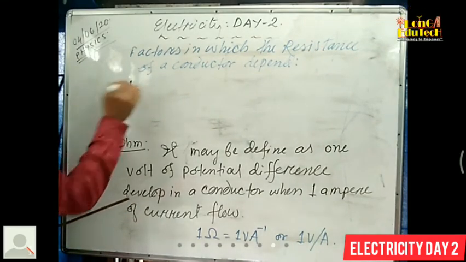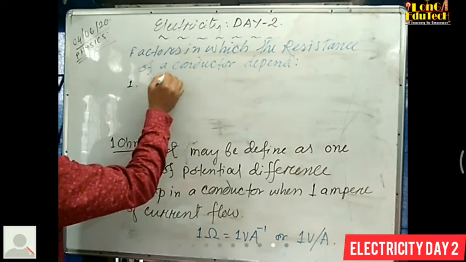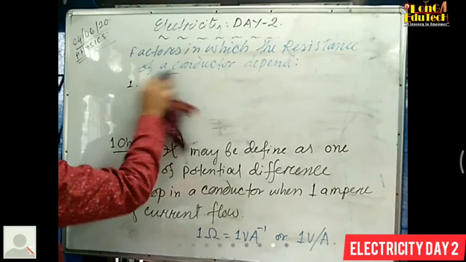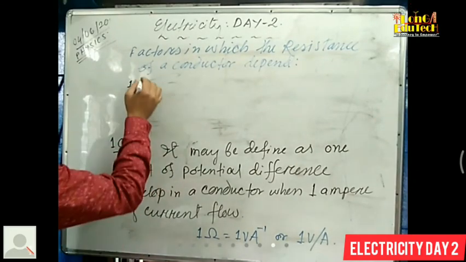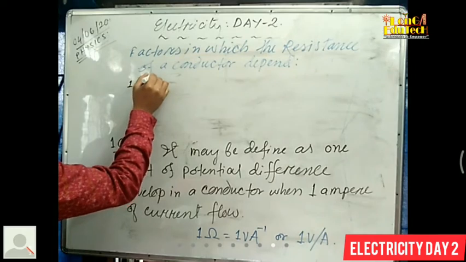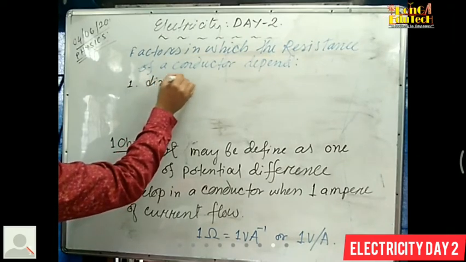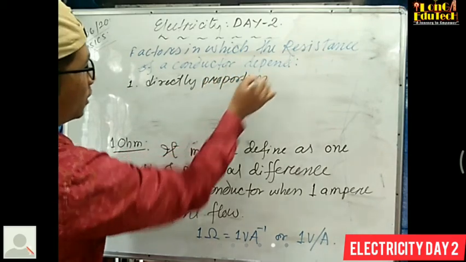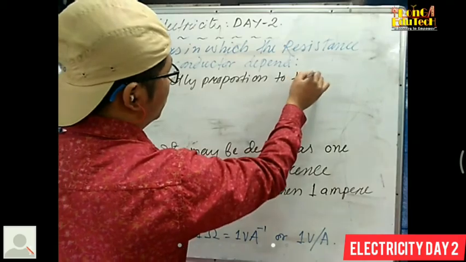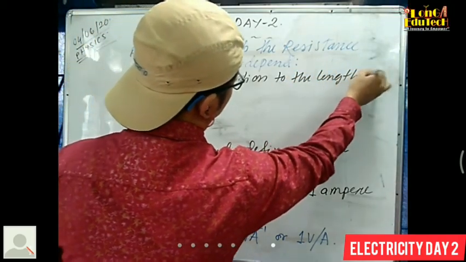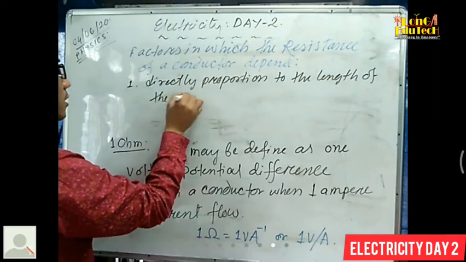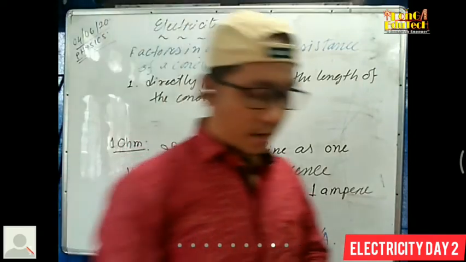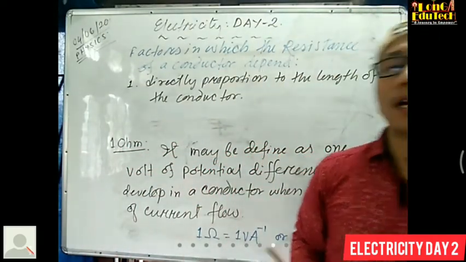The factors are, first, the length of the conductor. I'll write: directly proportional to the length of the conductor. What does it mean? When the length of the conductor increases, then the value of the resistance will also be more.